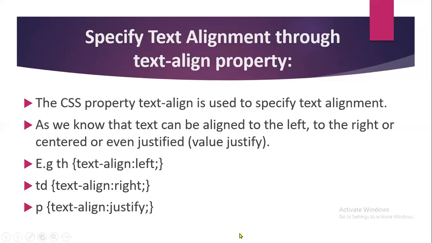For example, if you want to align the text to the left side, you will write the text align property, colon, the value left. If you want to align the text to the right side, you can use right. If you want justified text, you can use justify. If you want center-aligned text, you can use the value center.